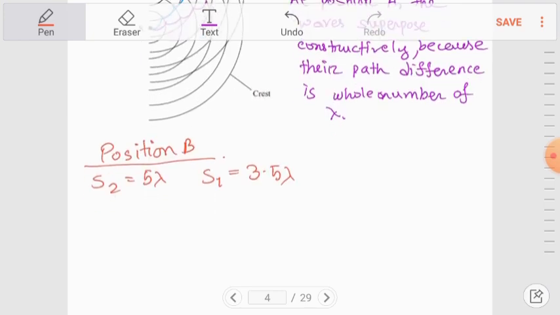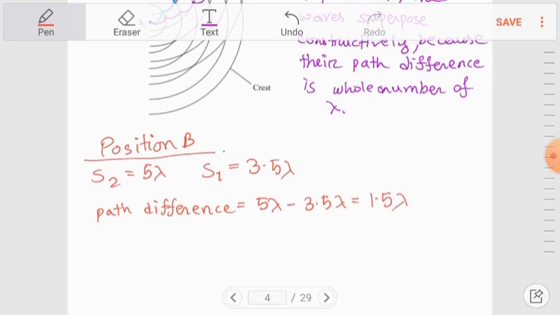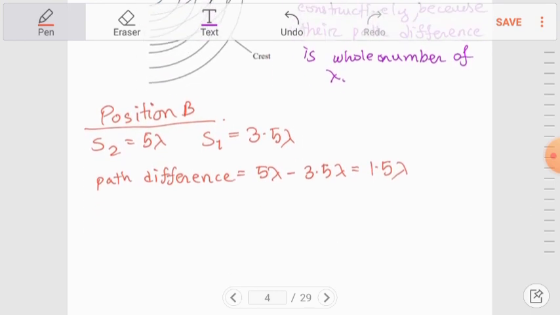Now we can calculate the path difference. The path difference would be 5 lambda minus 3.5 lambda, and that is 1.5 lambda. And as it is an odd number of half wavelengths, this indicates that the waves superpose destructively at position B. So here we need to write an explanation.